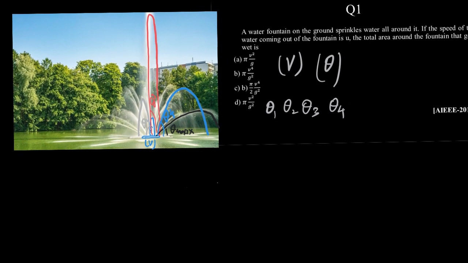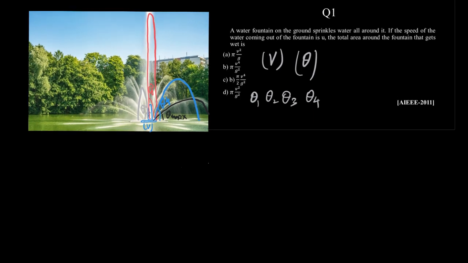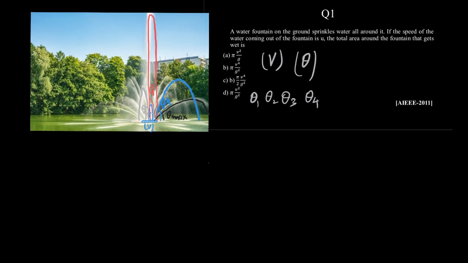Putting this into our diagram, say this is a sprinkler, or a fountain. If it is fired only at theta 1 angle, it may come like this. Now this is happening not only in one direction but in every direction.